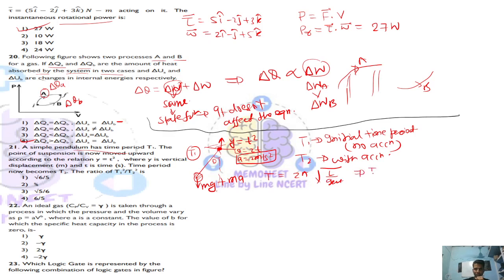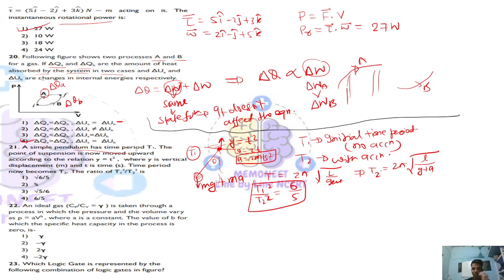So you can easily calculate it. T2 will become 2 pi root under L, the length will be the same, and g effective will be g plus a. Simply you need to find the ratio of T1 square upon T2 square. Once you solve it, it's a simple calculation and concept based topic, and it becomes 6 upon 5.